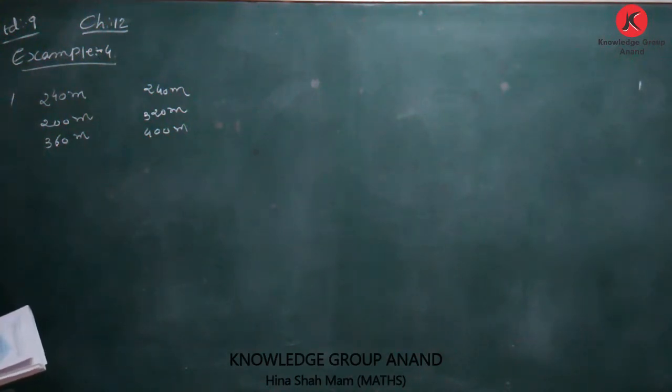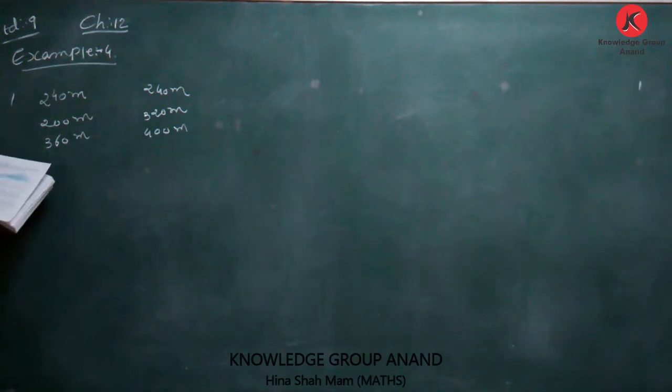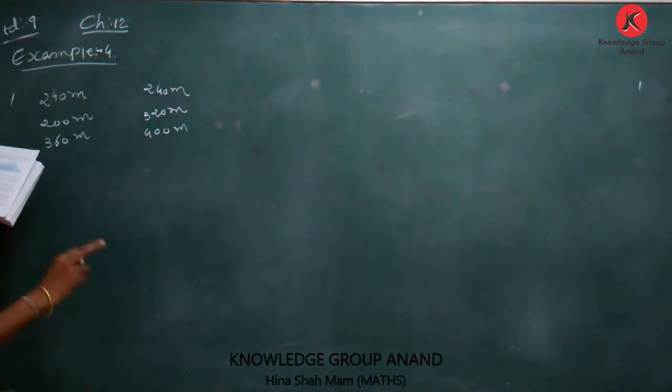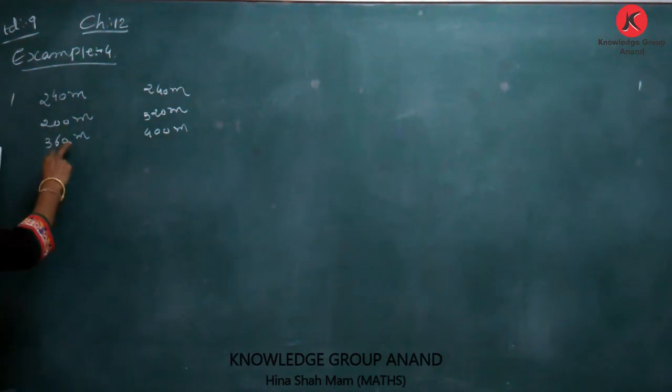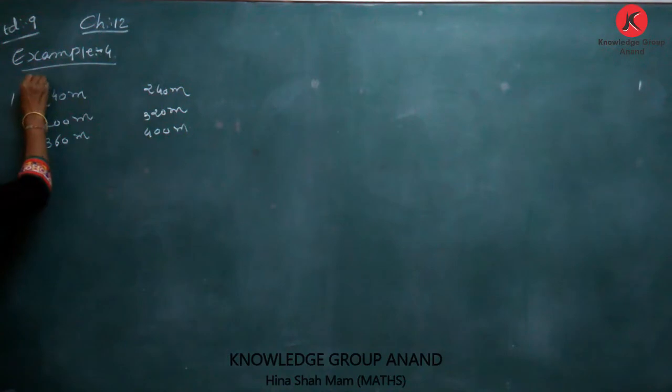Kamla has a triangular field with sides 240 meter, 200 meter and 360 meter where she grew wheat, here.